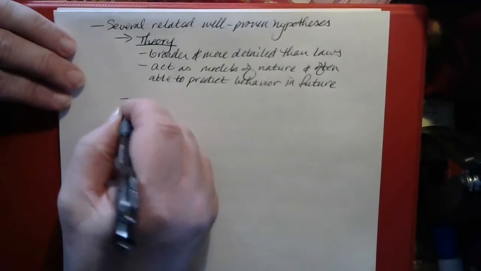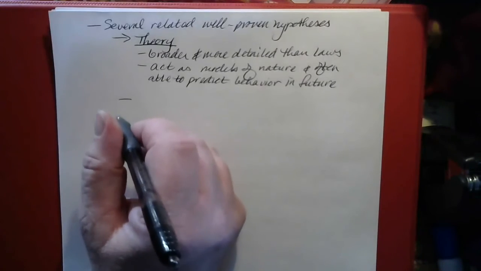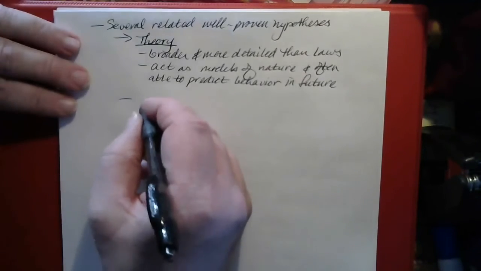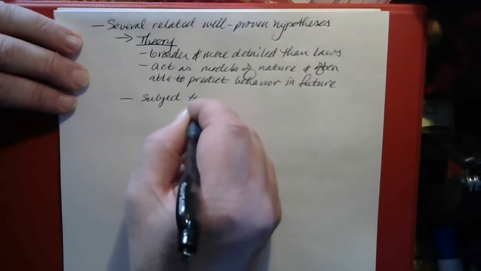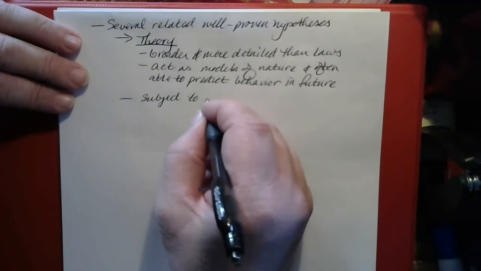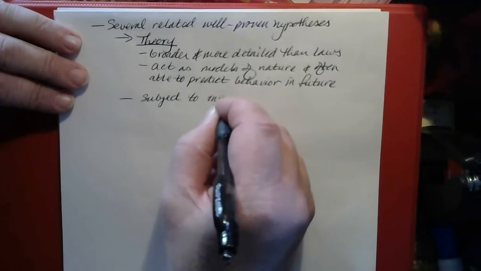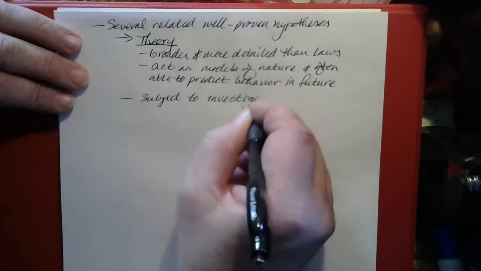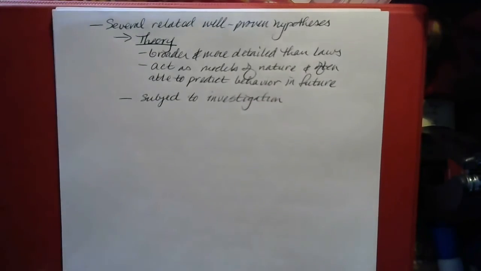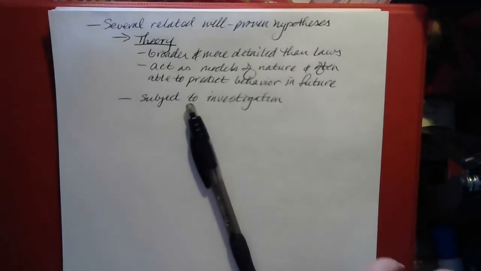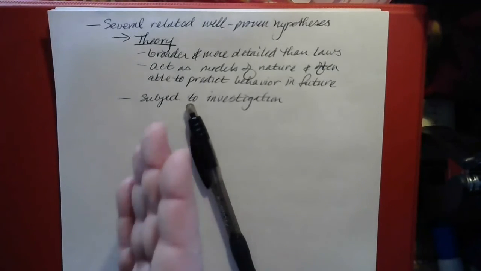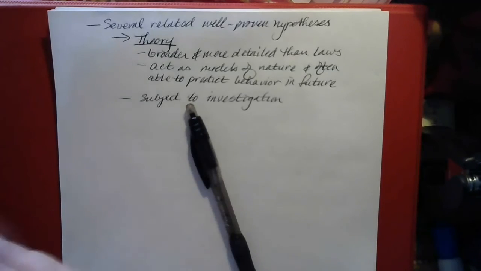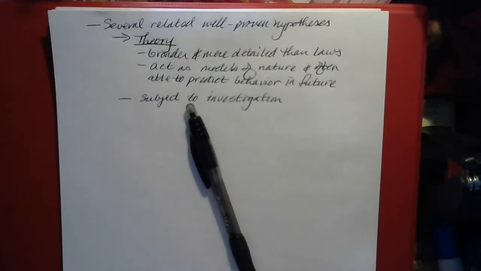And theories, of course, are also subject to experimental confirmation and refutation. Since most theories are so broad, though, and so sprawling, it's fairly unusual for any given experiment to refute an entire theory.